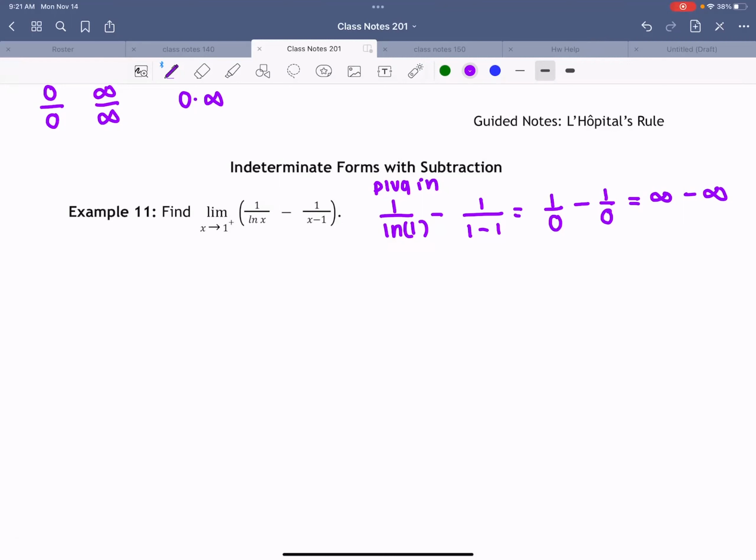This is an indeterminate form. I won't explain too much, but this might not be 0. That's all I'm going to say for that. And we'll actually see in this example, it doesn't equal 0.